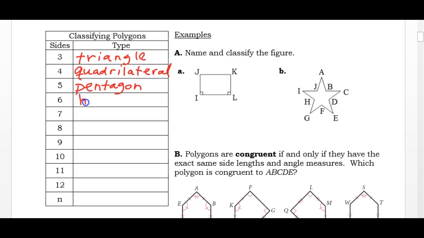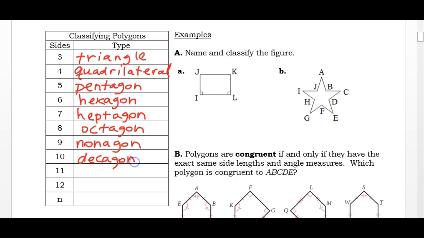5 would be pentagon. 6 is hexagon. 7 is heptagon. 8 is octagon. 9 is nonagon. And decagon. Undecagon.